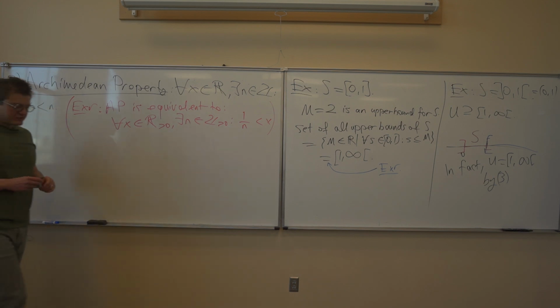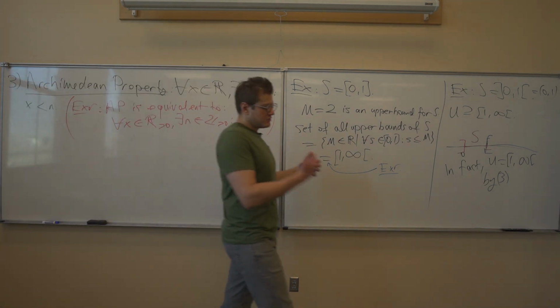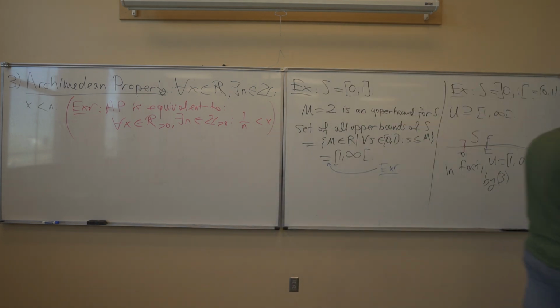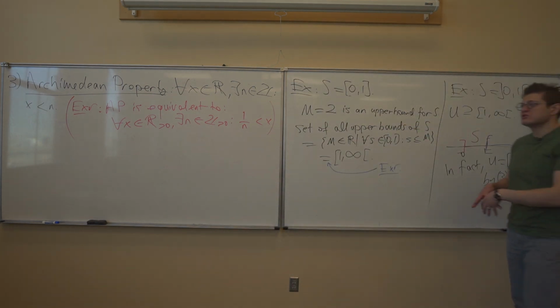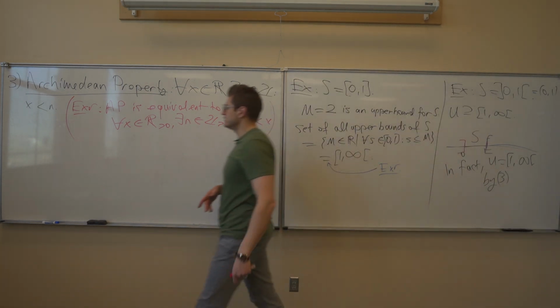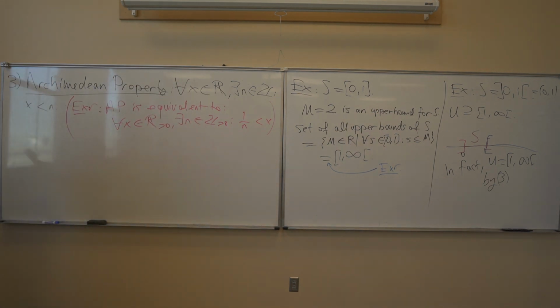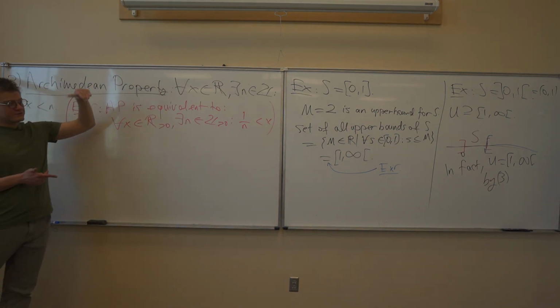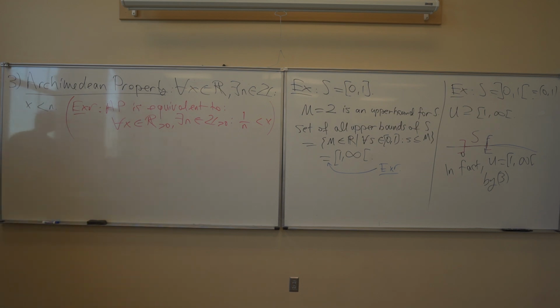Well, maybe I should have said something about this completeness axiom. You can prove it using some sort of construction of the reals out of rationals. That's why we're not doing it. You can really prove the Archimedean property out of the completeness axiom if you want, but we're just taking it as an axiom.